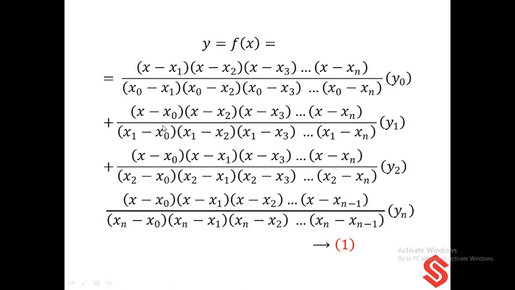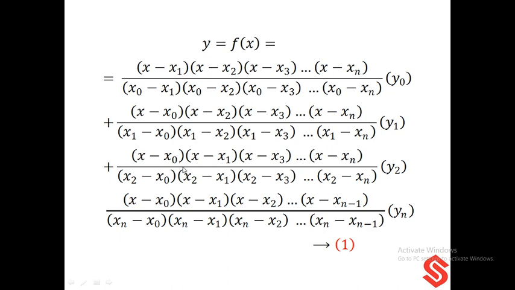Next, the second term: here we are writing x − x0 but not x − x1, meaning the x1 term is not written. So x − x0, x − x2, x − x3, etc., x − xn. The denominator starts from x1, that is x1 − x0, x1 − x2, x1 − x3, etc., x1 − xn, into y1.